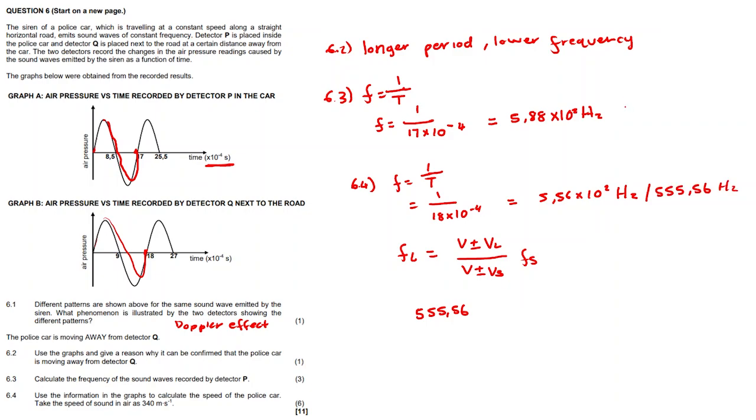And this one is 588, is equal to 340, as that's the speed of sound in air. The detector, being Q, is stationary, so we can say plus 0. And since we want to calculate the velocity, we can say plus v. And we times that by the frequency of the source. And if we rearrange and plug all of that into the calculator, we should get 20 meters per second. And that's the speed of the car.